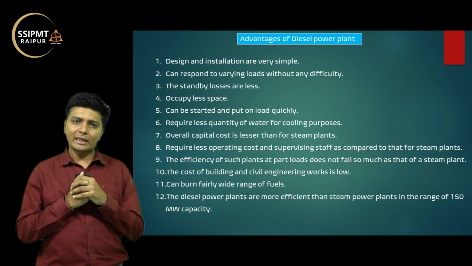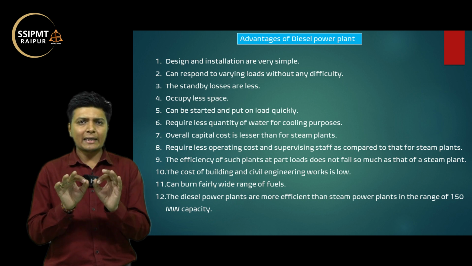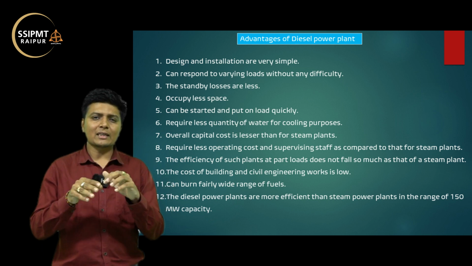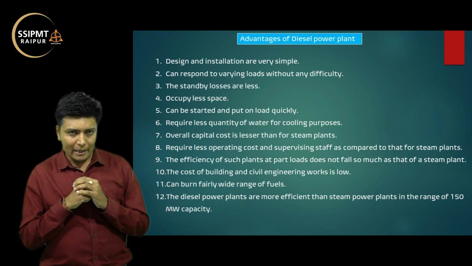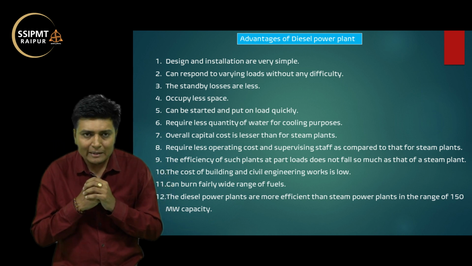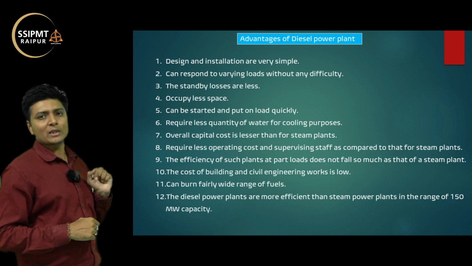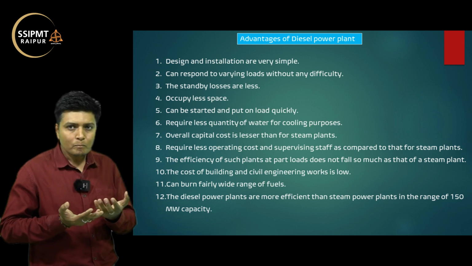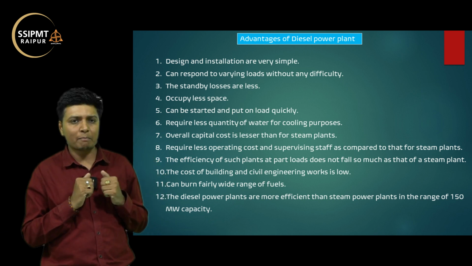Eighth advantage is that it requires less operating cost and supervising staff as compared to steam plants. Ninth advantage is that the efficiency of such plants at part loads does not fall as much as that of a steam plant.